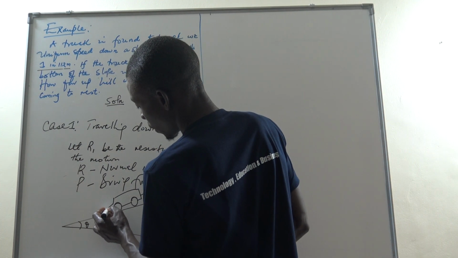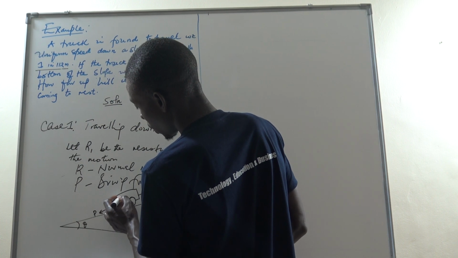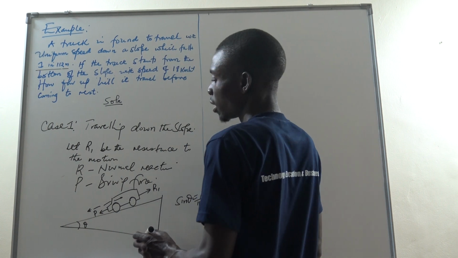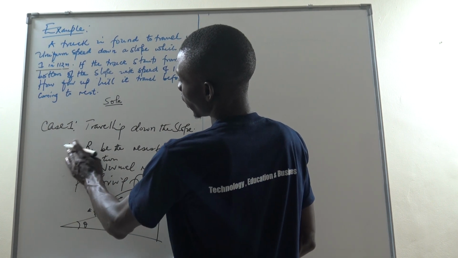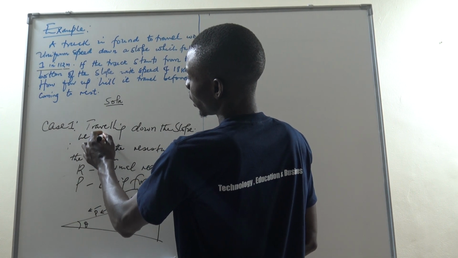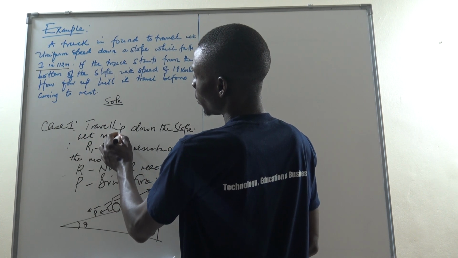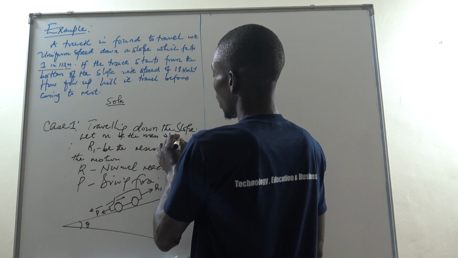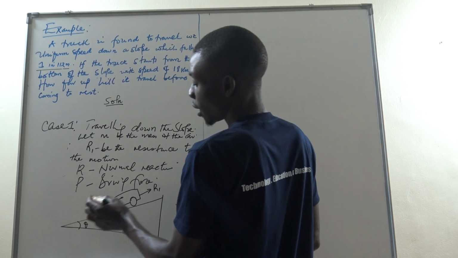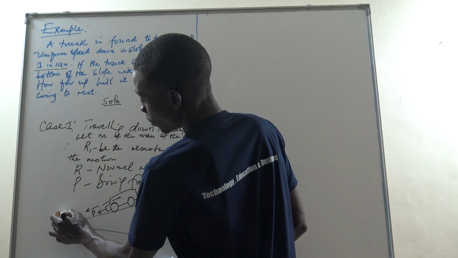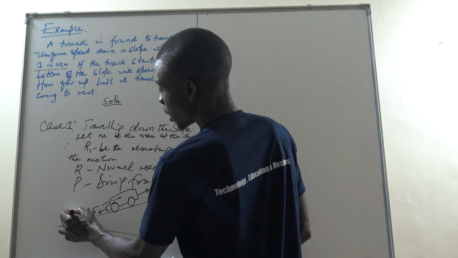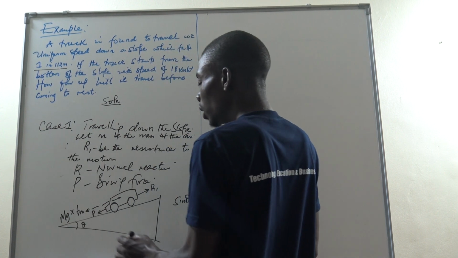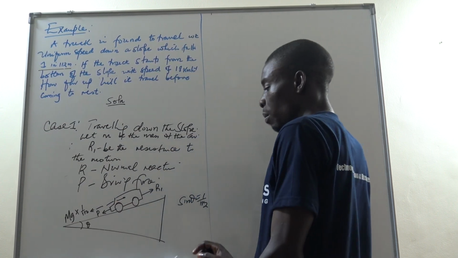This truck is moving down the slope by driving force P. It has a component of the weight, mg sine theta, where m is the mass of the car, so I have here mg times 1 out of 112.